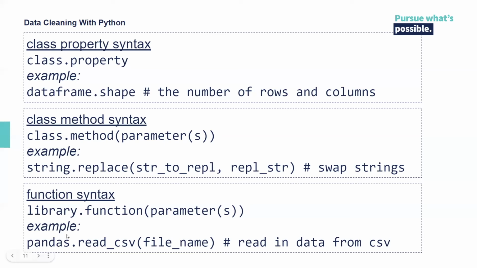For example, in the pandas library, they have the read_csv function, and that basically reads in a CSV. So you say, okay, I'm going to call pandas dot, and then read_csv is the name of the function. And then we're going to pass in one parameter, which is the name of the file we're going to read in. So that's just a little review on the syntax of working with class properties, class methods, and library functions.